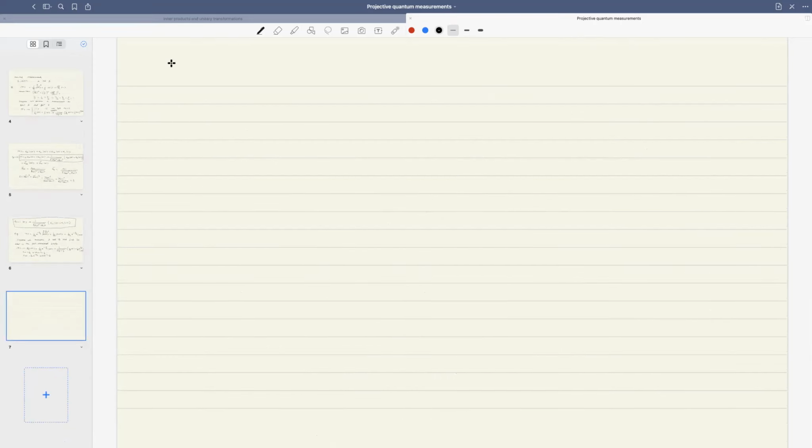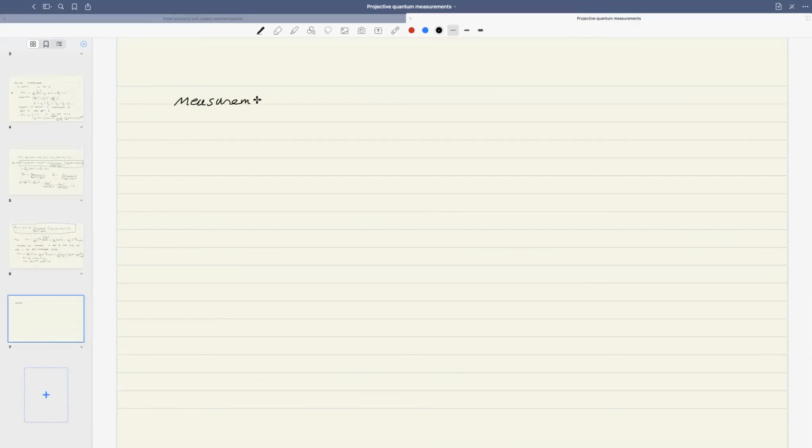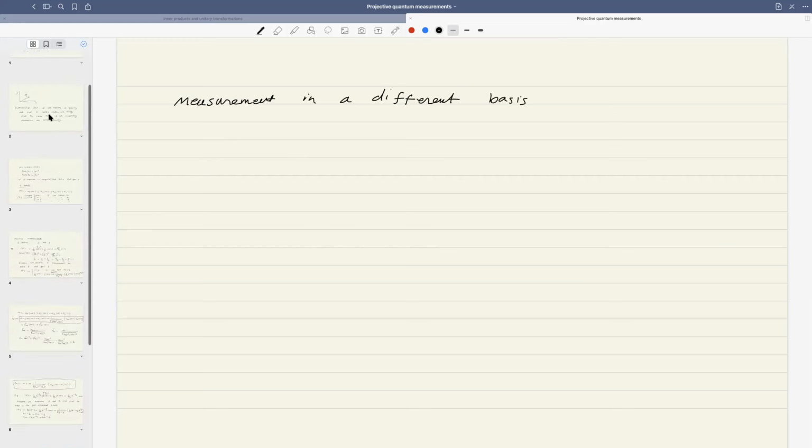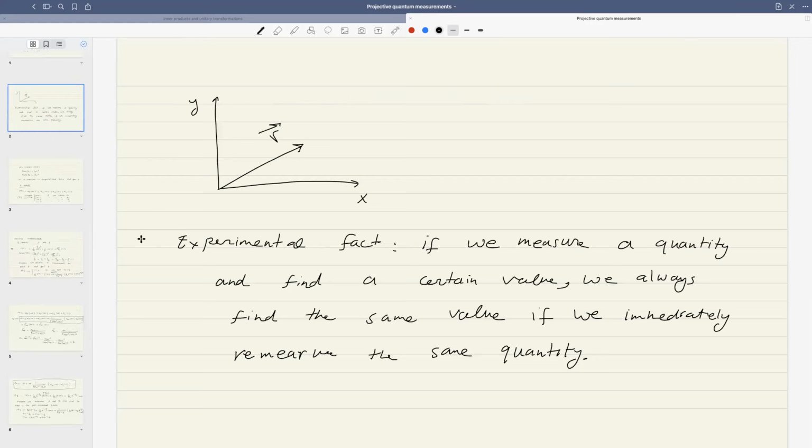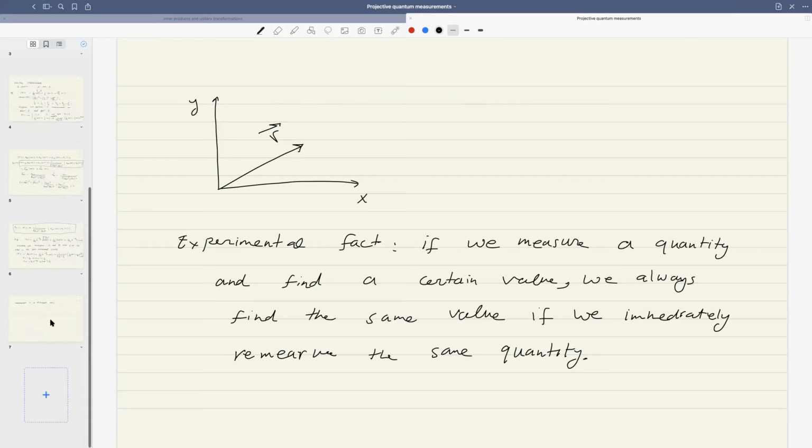Okay, so now let's talk about another topic. These are measurements in a different basis. So let's go back to this picture that we started from, just real space vectors in some coordinate system.